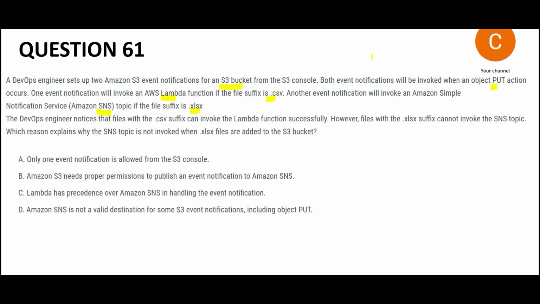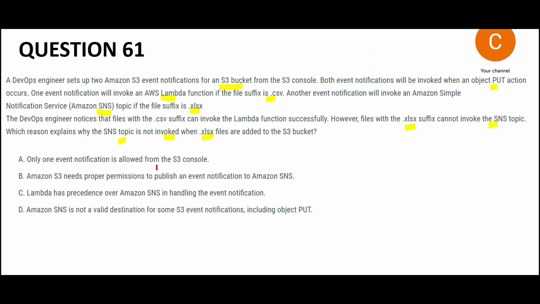Now out of these two events, the first event works where it will invoke lambda, but the second event is not working, because when this file with the extension comes, it is not able to invoke SNS. That means it is not able to send emails, send messages, and so on. So we have to explain why this is not invoked when we are putting xlsx files in the bucket.